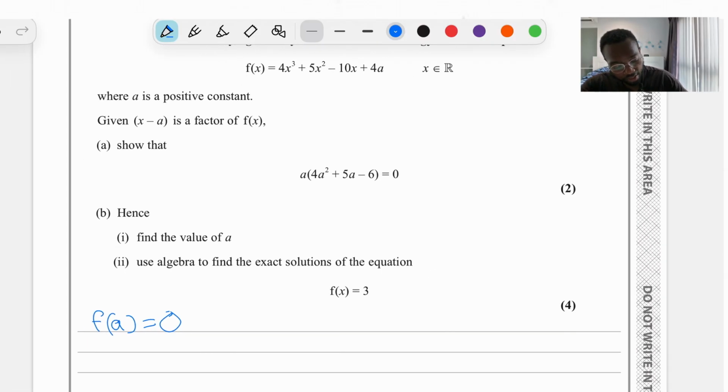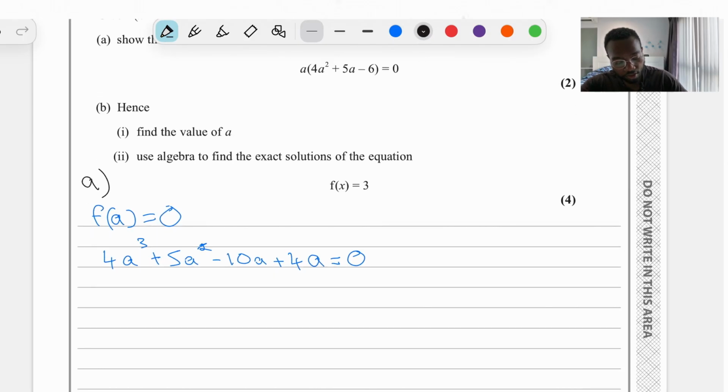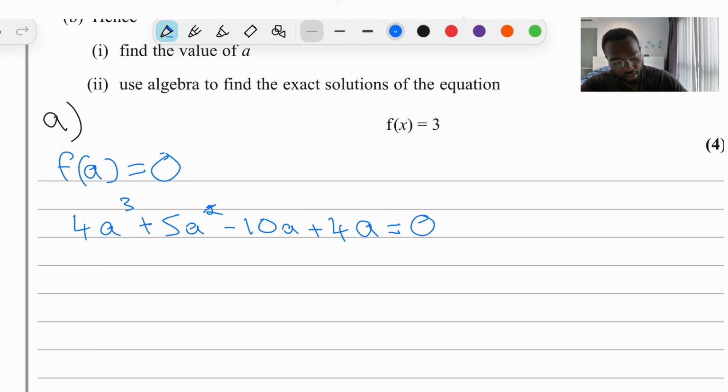So if we do that, we would get 4a cubed plus 5a squared minus 10a plus 4a, and that would need to be equal to 0. So working this out, we get 4a cubed plus 5a squared minus 6a is equal to 0.